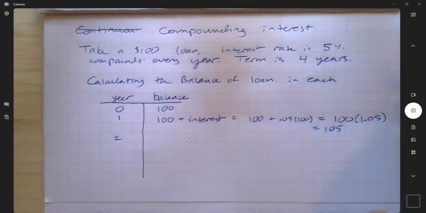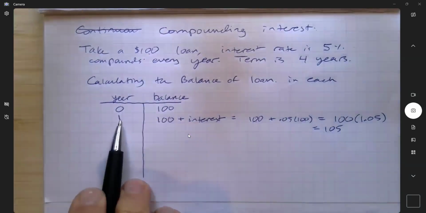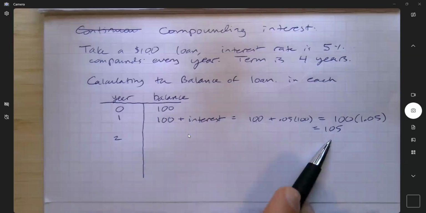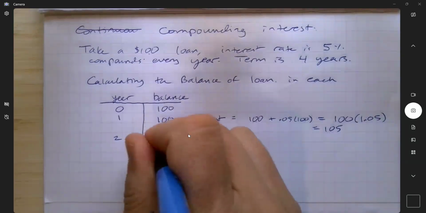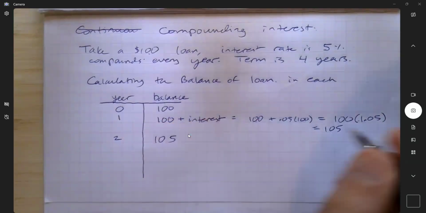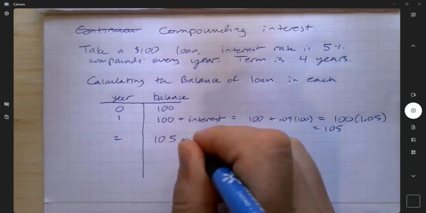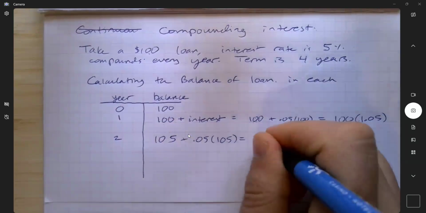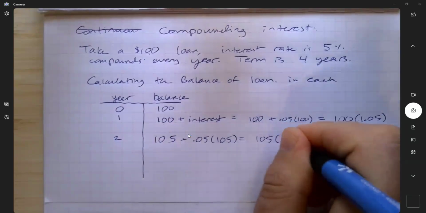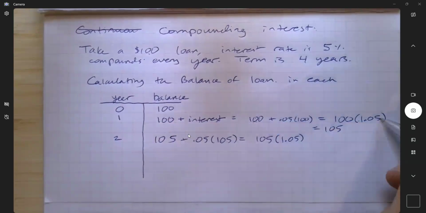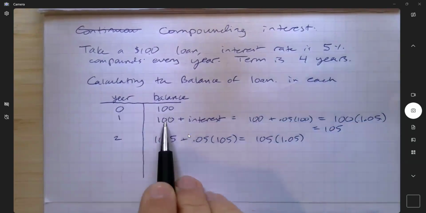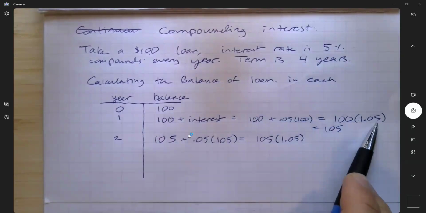Now, in my second year, when I apply the interest, I'm not going to be applying it to the original 100 because my new loan balance is 105. So I'm going to take that 105 plus 0.05 times 105, which is 105 times 1.05. And notice as I move from year 0 to year 1, I multiply by 1.05.